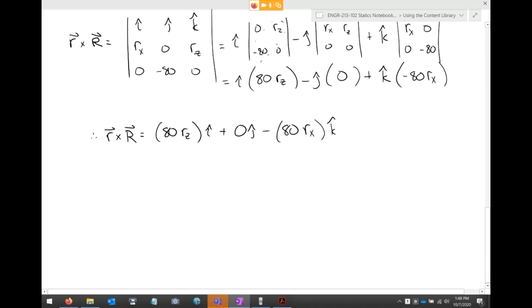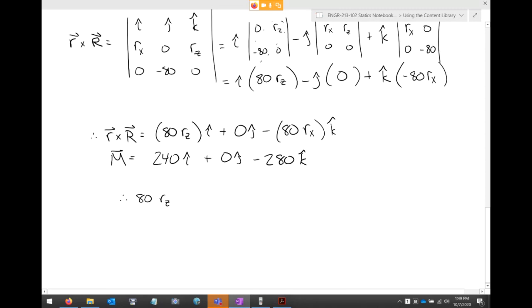Well, let's remember, what are we trying to do here? We're trying to figure out where to put that load to generate the same amount of moment as the system did. What was the moment that we got from the system? The system said that we had 240I plus 0J and then minus 280K. Well, if the moment from the resultant has to equal the moment from the system, then each of these components has to equal one another.